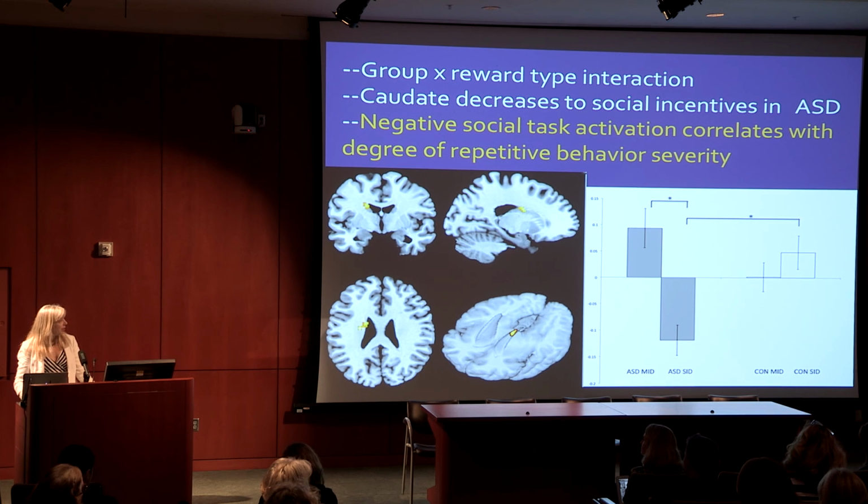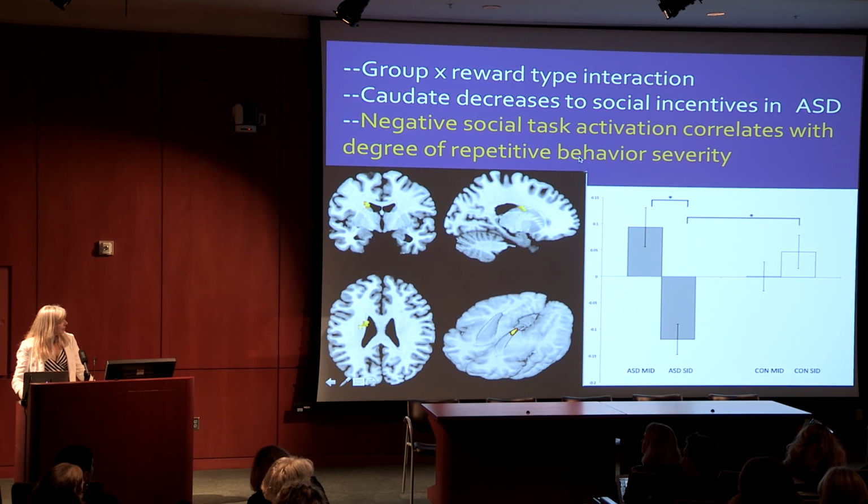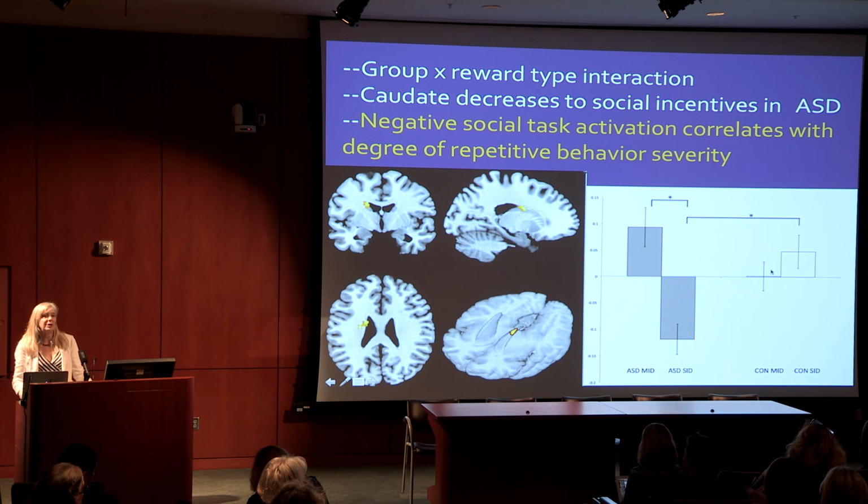So this is the monetary reward in the ASDs, and then monetary rewards and social rewards in ASD, and these are the same in the control children. As you can see, there are very big differences in how this part of the brain is reacting in response to rewards. And in particular, in response to social rewards, not only does this area of the brain not activate, it actually deactivates. It goes down towards social rewards.